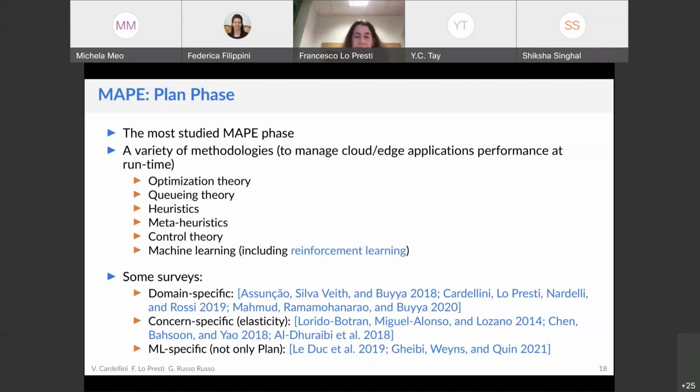And also, there are two recent surveys regarding the use of machine learning approaches for all the phases, in particular the monitor, analyze, and plan phases of the MAPE loop.